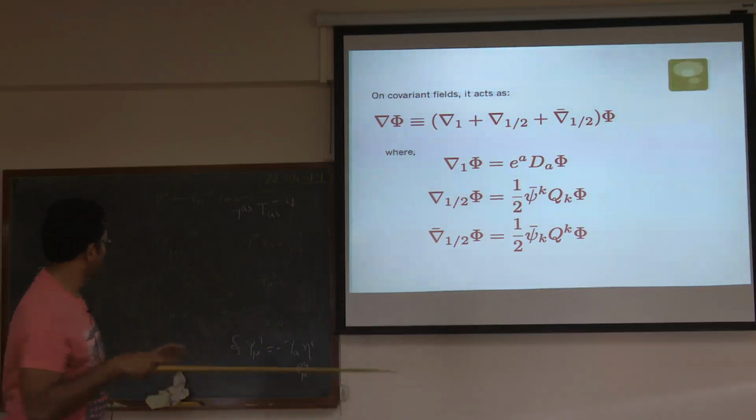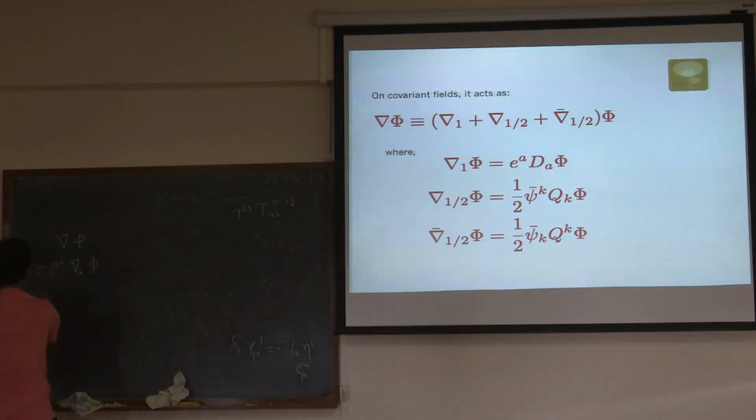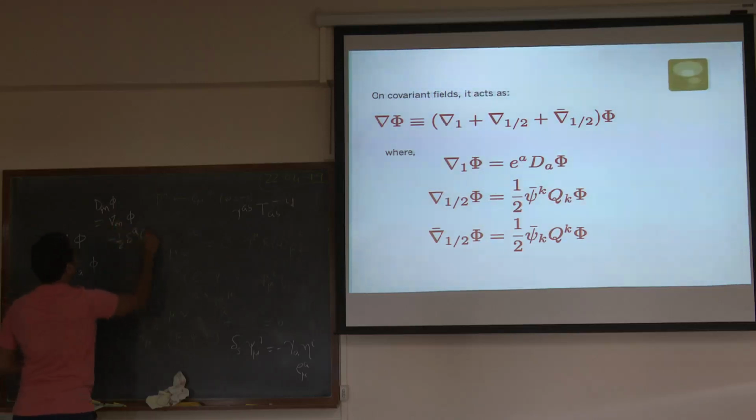So, what we have done is we have made this into E_A D_A phi. D_A phi is nothing but del_A phi plus... So, D_m phi is basically del_m phi minus half delta_Q(psi_m) phi.